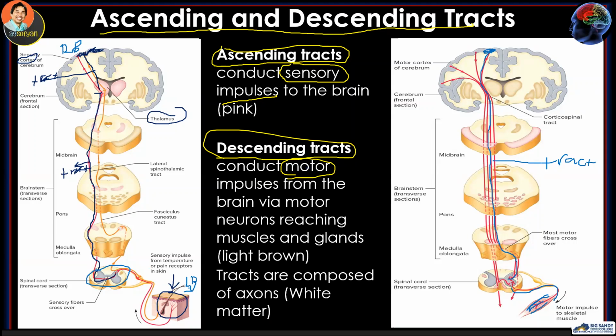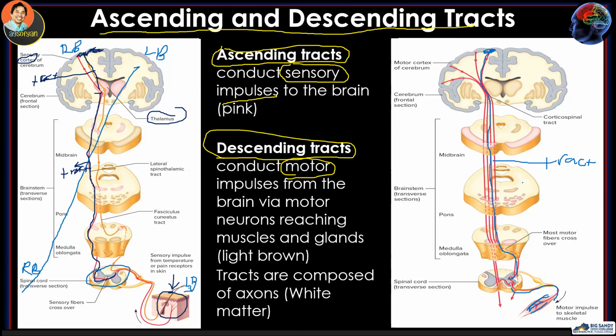It's crossing over. The left side of the brain actually processes, gets the information from, or controls the right side of our body. So this is how the brain works. Look at these motor neurons.